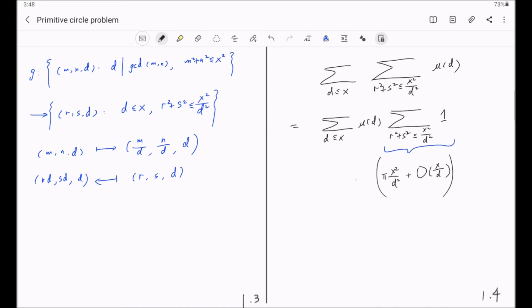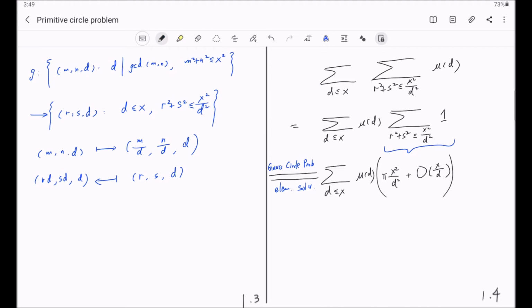And we'll multiply this by mu of d and take the sum. There are much more complicated asymptotic formulas for the Gauss circle problem, and I believe up to date, the sharp form is still open. But in this video, we are just going to use this most elementary form, which we actually derived in another video.